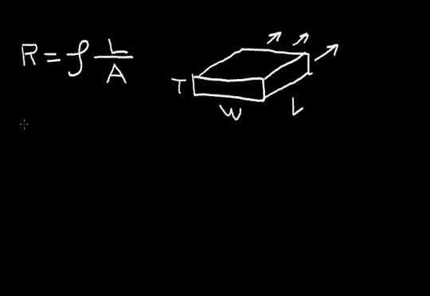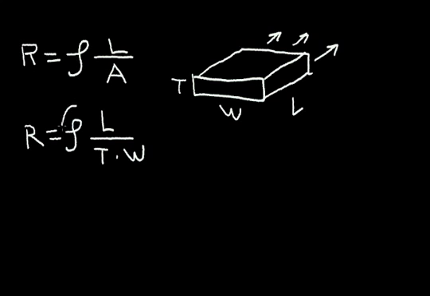So let's rewrite this equation for this particular sheet of material. The resistance is equal to the resistivity of the material times the length in the direction of the current flow, and in this case it's divided by T times W, which is the cross section that the current flows through.